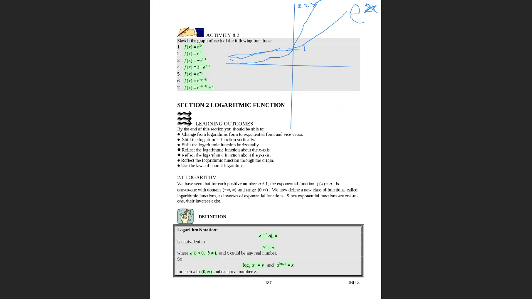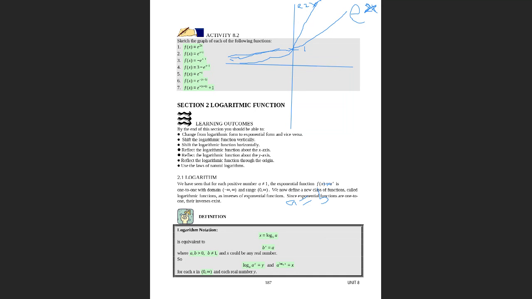Next thing you have to note: when we started, we first talked about the relationship between an exponent and a logarithm. That is, for instance, if you have a equals b exponent x, it's an exponent.